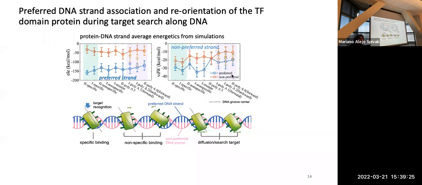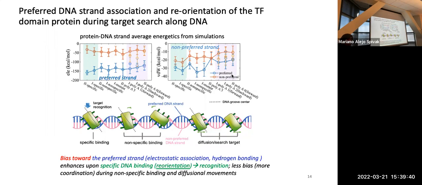So we are thinking this preferred strand probably helps the recognition, as the particular hydrogen bond forms with space. This may help. Of course, I still think for small domain proteins, this matters more because they really can bind tightly to the groove, and binding to the groove gives the hydrogen bonding chance.